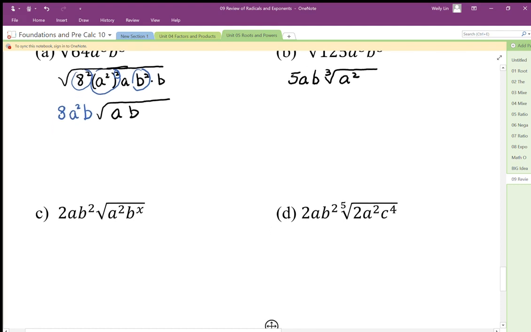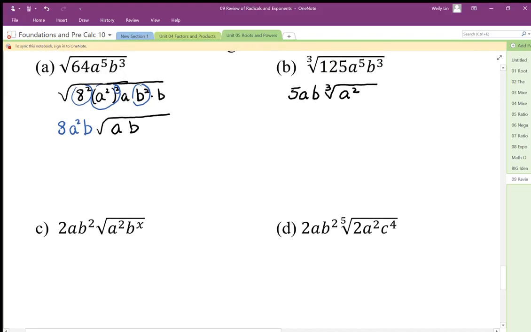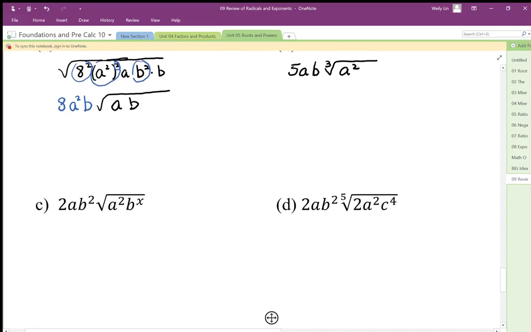Here we have square root. Well, in this one here, we want to put the powers inside. So on the outside it's 2, on the inside it should be 2 squared. So 2 squared, square root is the same as 2.